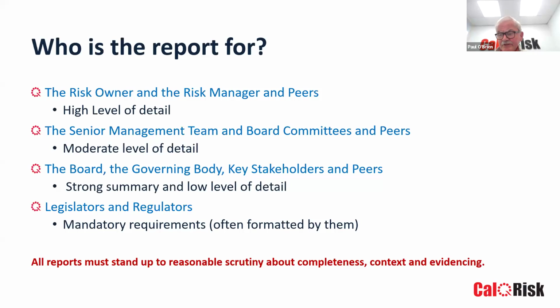The risk owners want to be able to share reports on the risks they have responsibility for, and these are fairly detailed reports. The senior team, usually comprised of function heads, and there might be some people on board committees, for example, look for some detail and some summary. So I'm saying a moderate level of detail, and some summary.